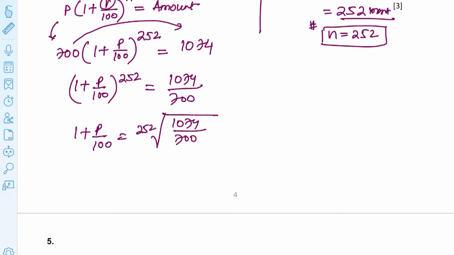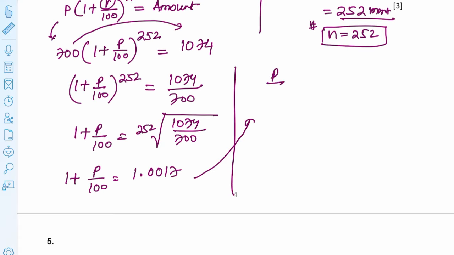Got it? Next, p over 100 will be equal to, if I put this value in the calculator, let me write this again. 1 plus p over 100 equals nearly 1.0017. Got it clearly? So p over 100 equals 1.0017 minus 1.